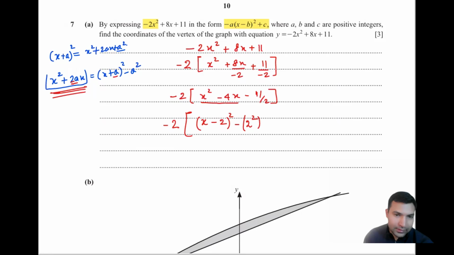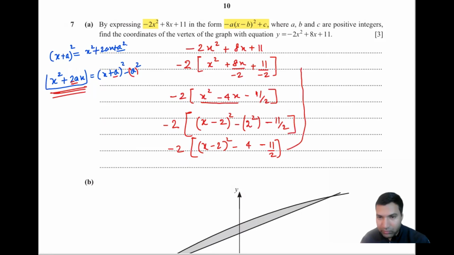I hope you're understanding this. So this squared is only for a and the minus is outside. And the remaining negative 11 by 2, you write as it is. Now expand this, (x minus 2) whole squared. This becomes minus 2 squared, which is basically 4, minus 11 by 2. Now I'm solving it further.